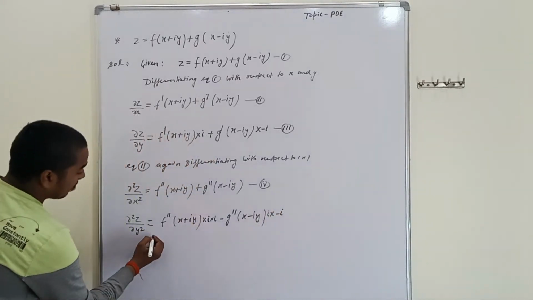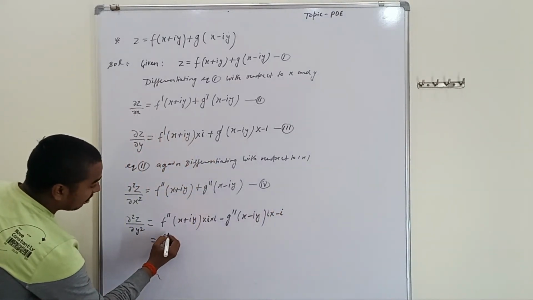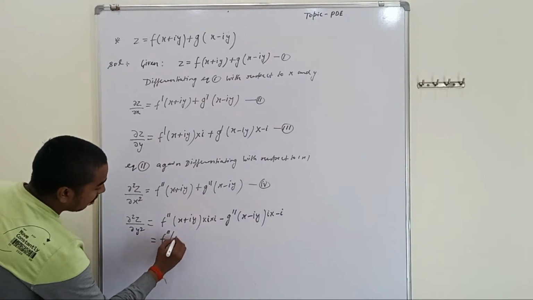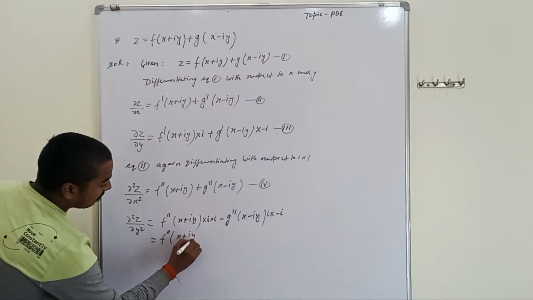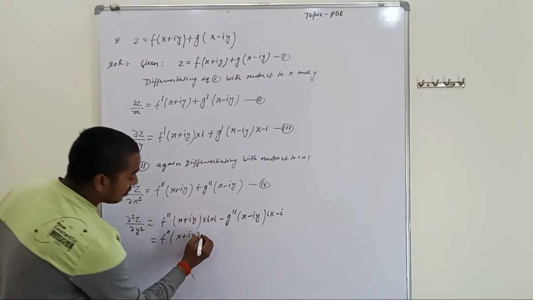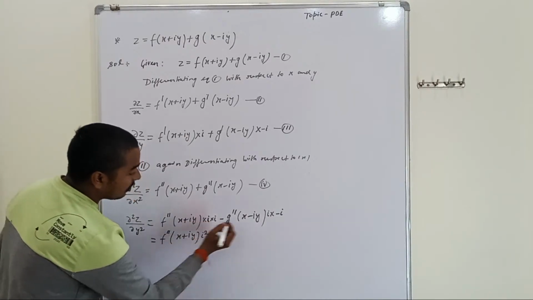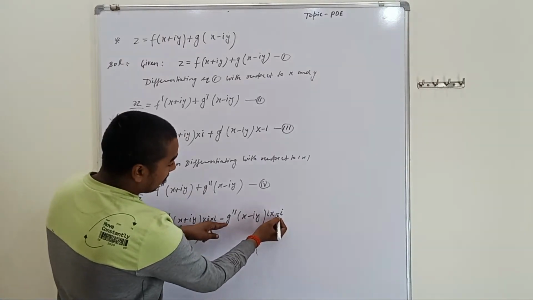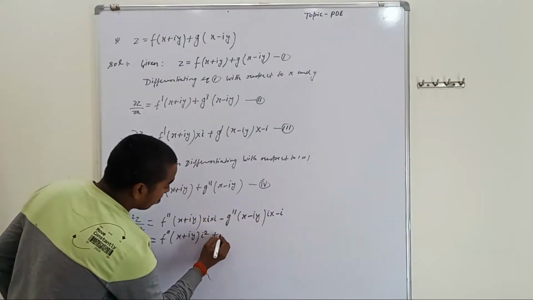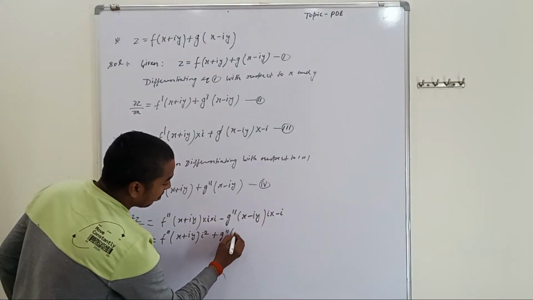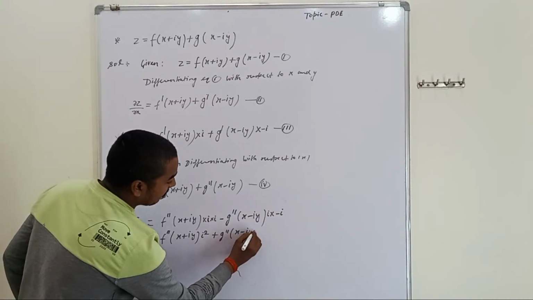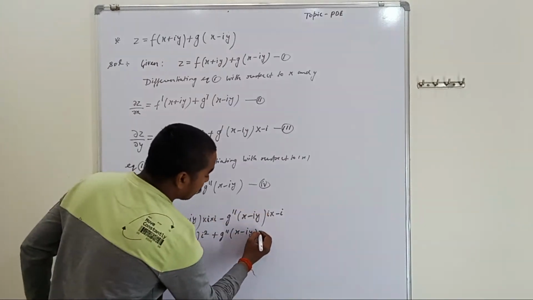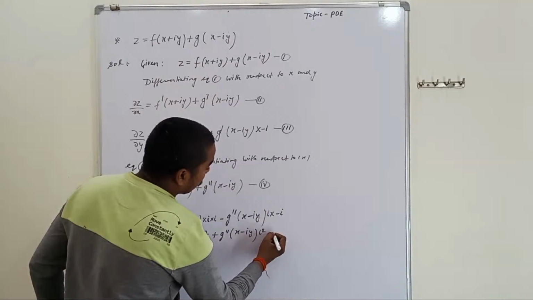On solving further, that is f double dash of x plus iy, i into i is i square, and here minus and minus is plus, g double dash of x minus iy, and i into i is also i square. This is equation fifth.